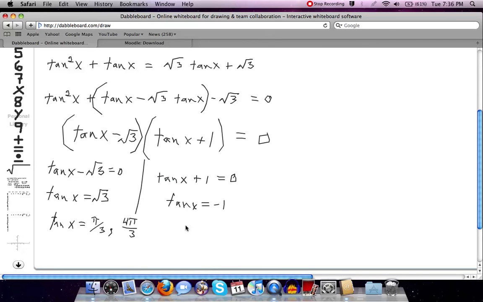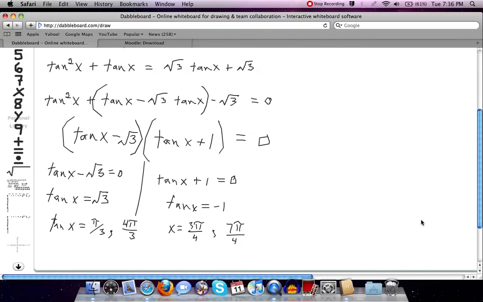So that means that if it's 1, it's a 45, 45, 90 reference triangle in quadrants 2 and 4. That would give us 3 pi over 4, that's quadrant 2, and 7 pi over 4 in quadrant 4. And there we go. It's solved.